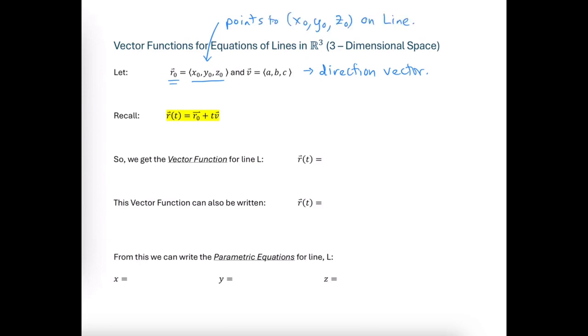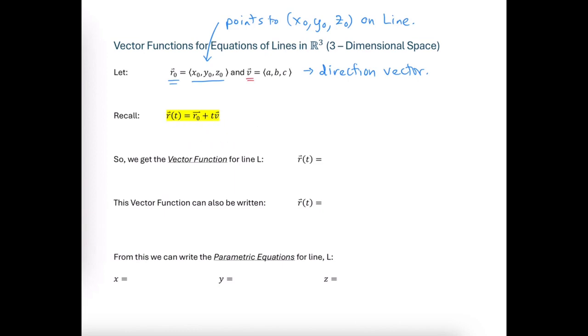When we have an ordered triple that places us on the line and a vector in the direction of the line, we can write a vector function for the line itself. The vector function for the equation of a line is the position vector, the vector that points to an ordered triple on the line, added to the parameter t multiplied by the direction vector.